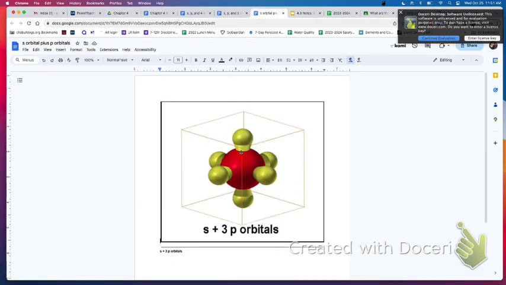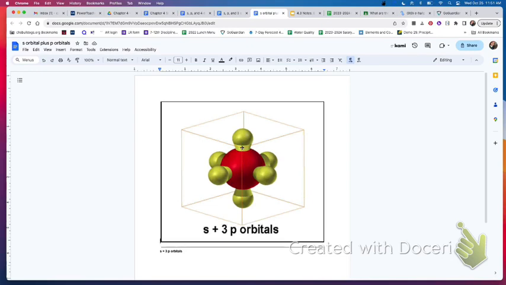Imagine inside of here, there is another ball that's down one energy level from this. That's the N1 energy level, where we can only have an S orbital that's a sphere. Then we get further from the nucleus and we get that 2s sublevel, the S sublevel that's in the second energy level.